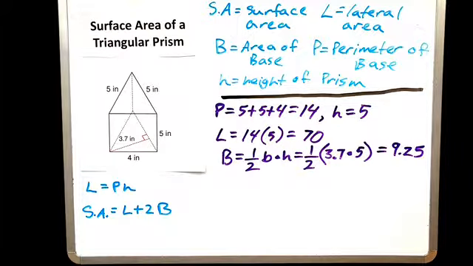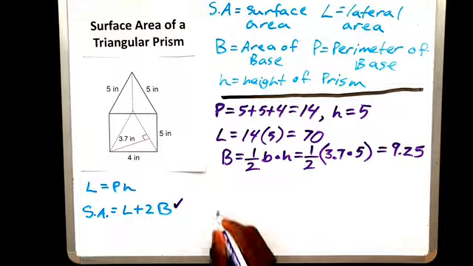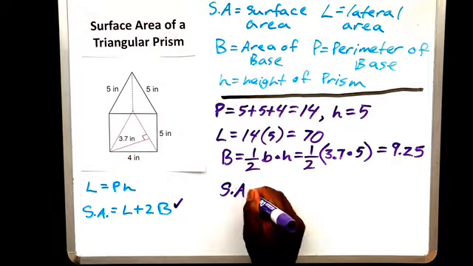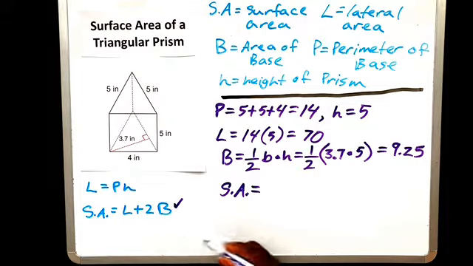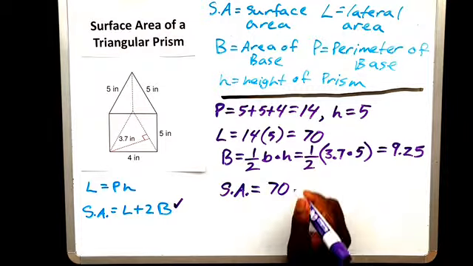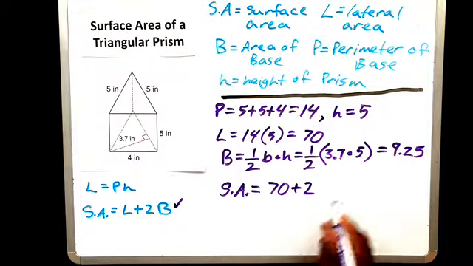So we've got our perimeter, we have our height, we have our lateral area, and we have the area of the base. Now we're ready to use this formula right here. The surface area is equal to L, which is 70, plus, following that formula, 2 times the area of the base, which is 9.25.